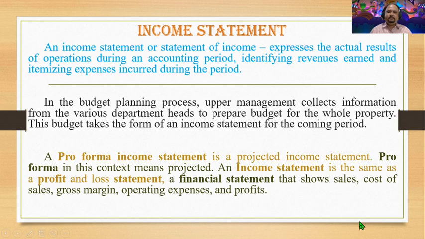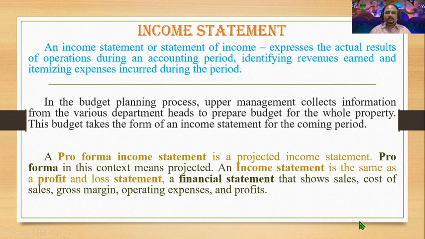In the budget planning process, upper management collects information from the various department heads to prepare budget for the whole property. This budget takes the form of an income statement for the coming period. A pro forma income statement is a projected income statement.